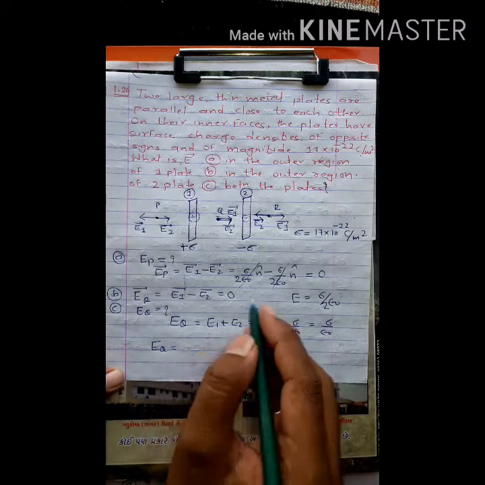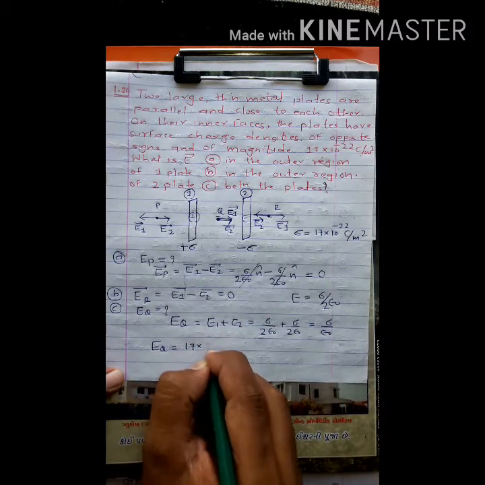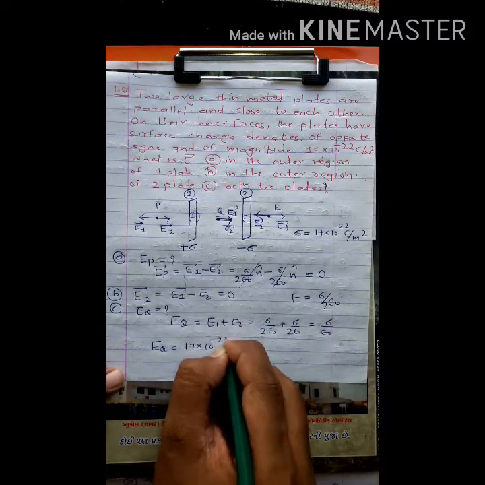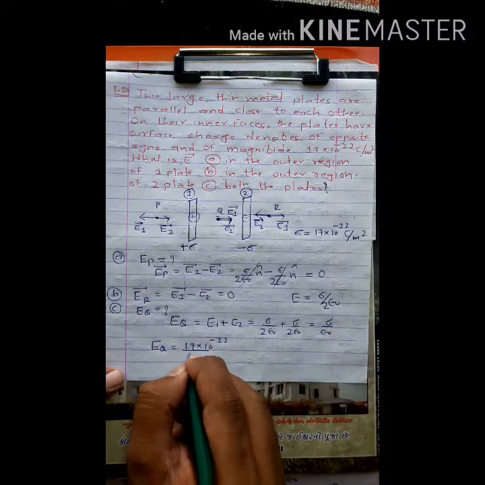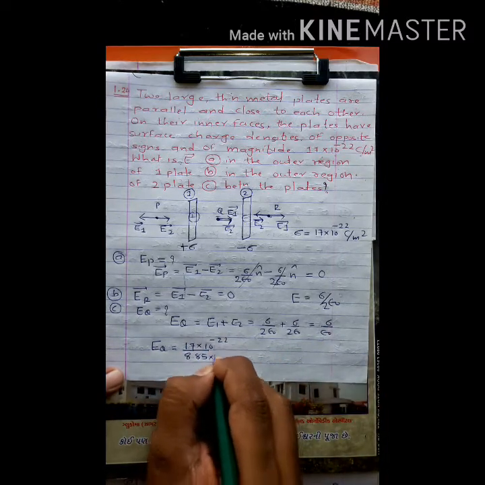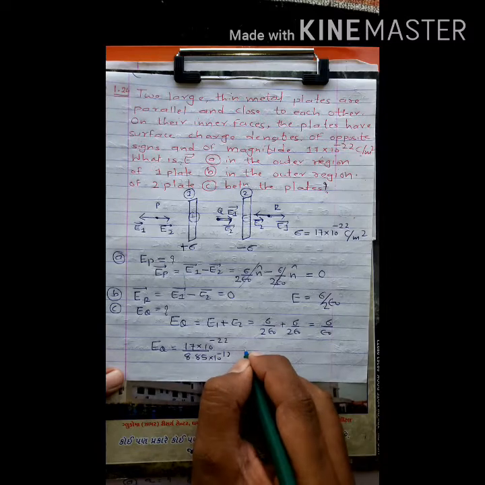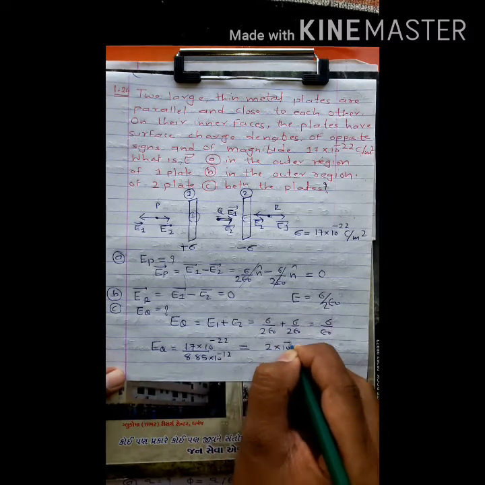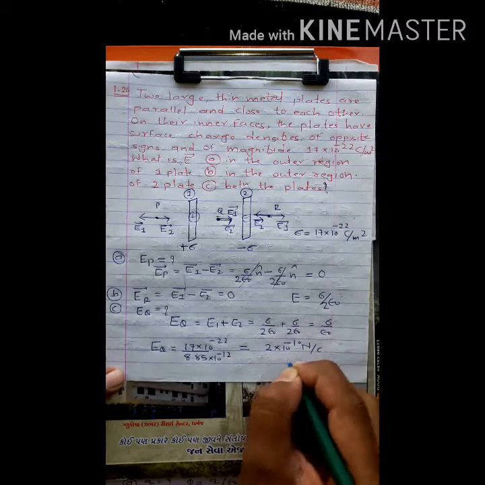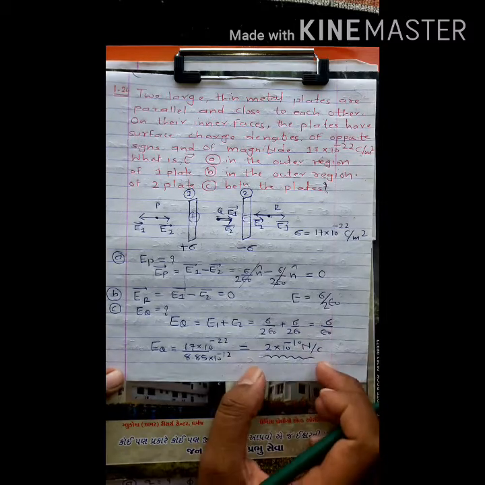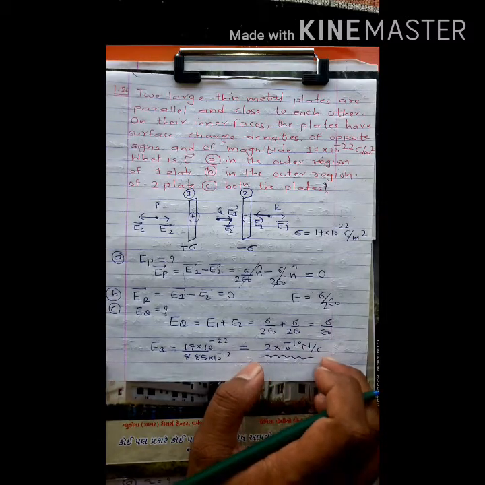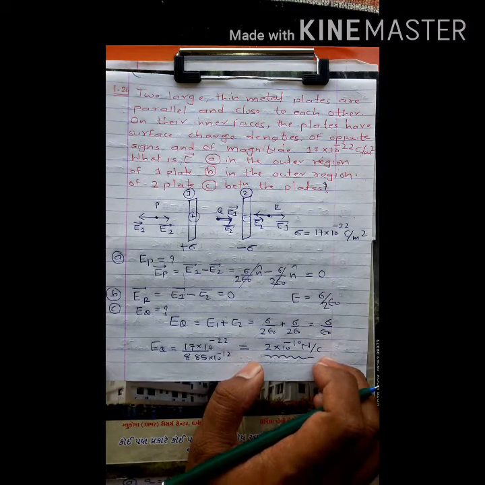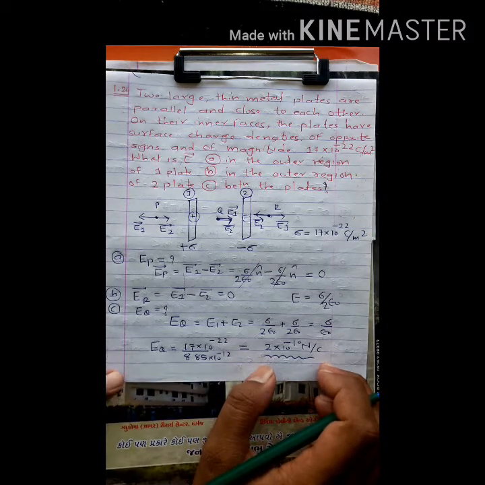Now substitute value of sigma, 17 into 10 to the power minus 22, divided by epsilon 0, 8.85 into 10 raised to minus 12. Now find your answer. So your answer is 2 into 10 to the power minus 10 Newton per Coulomb. So net electric field inside the two plates is 2 into 10 raised to minus 10 Newton per Coulomb.